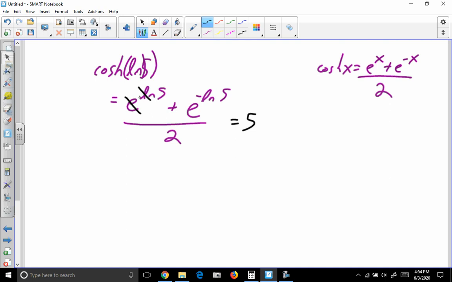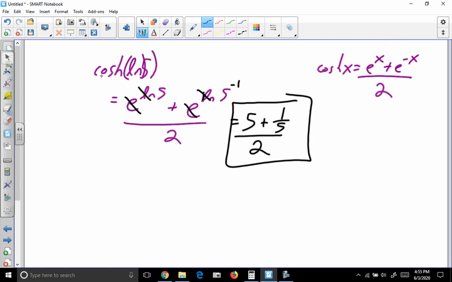But that only works if our coefficient of natural log is 1, positive 1. If we have a negative 1 there, we have to move it up here. Remember, if we have an exponent inside a log, we can put it out front, or if we have it out front, we can put it up as the exponent. So e and natural log cancel, and that gives us 5 to the negative 1, which is 1/5, and that's over 2. So I'm just going to leave it like that for now. That's hyperbolic cosine of natural log 5.